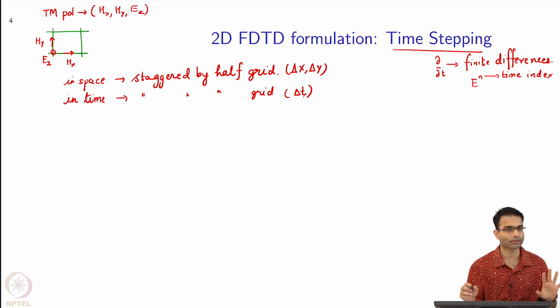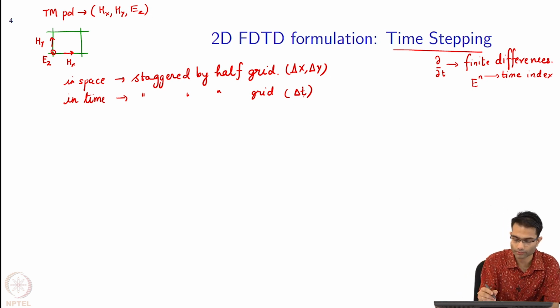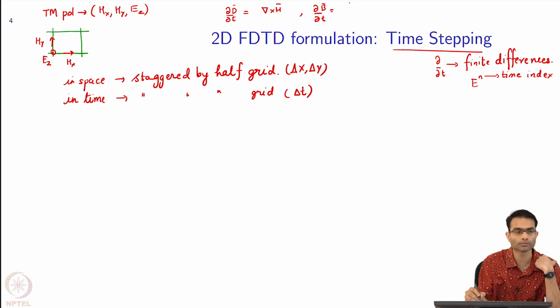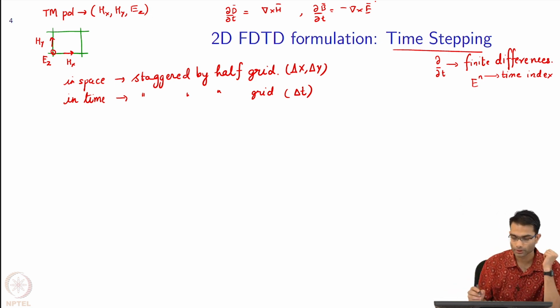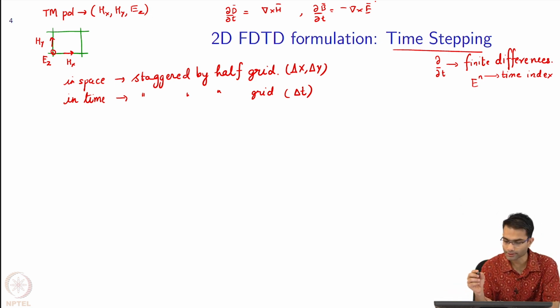So let's take both our Maxwell's equations, okay, and try to write out what happens, right? So very quick, curl of H, forget the current term, right? This is dD by dt, and the other equation is dB by dt. This is equal to minus curl of E. These are the two equations we have to keep in mind. Okay. So let's see. Let's take the first equation.